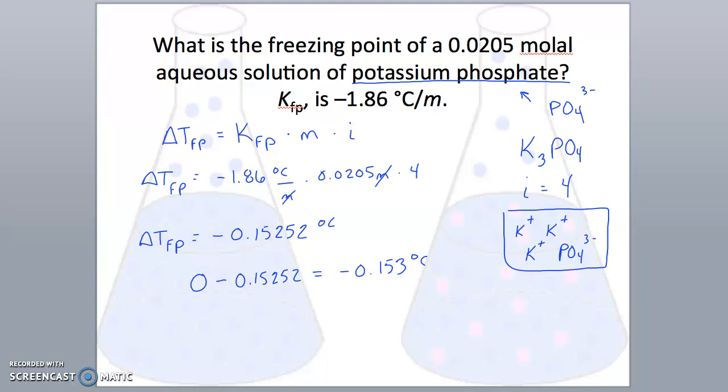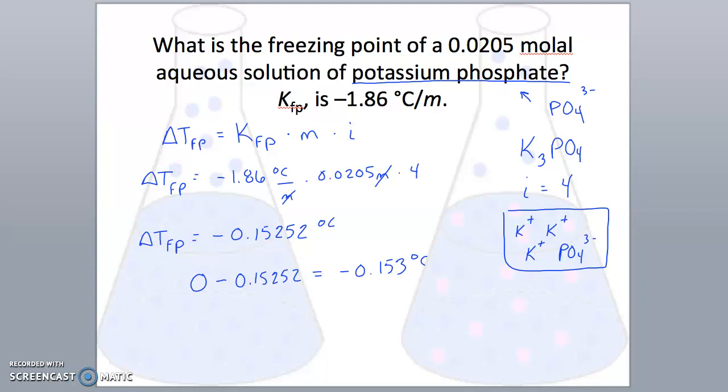And that phosphate, again, polyatomic ion, it's important to brush up on these for this chapter. So we've got a 3- charge on the phosphate ion, and the potassium's just a +1. So we've got K3PO4, which is going to dissociate into 3 potassium ions, one phosphate ion and give us an i of 4.